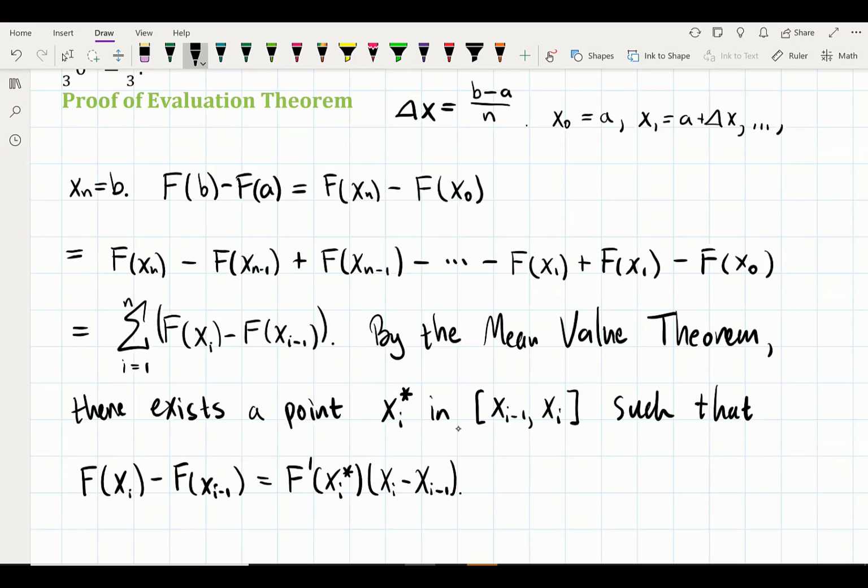Okay, now again, if you forgot about the mean value theorem, not a big deal. You can take my word for it. Briefly, what the mean value theorem says is, if you have a function that's differentiable on some interval, then at some point in the interval, its slope was equal to its average rate of change over the interval.